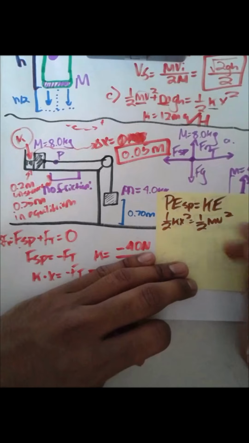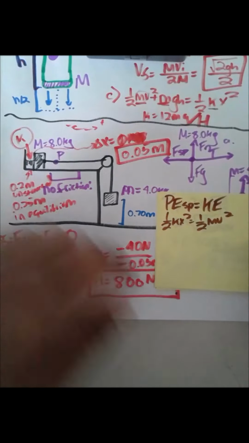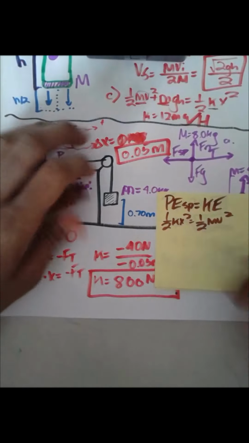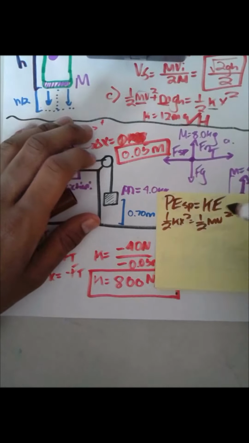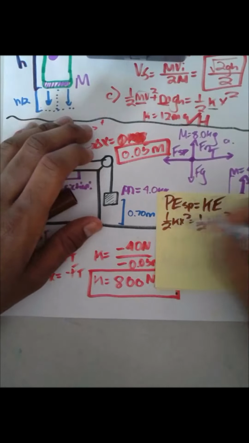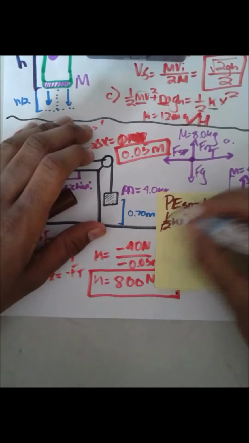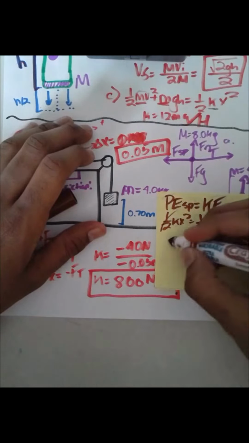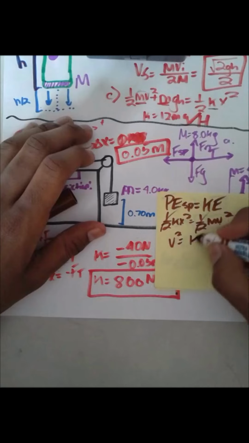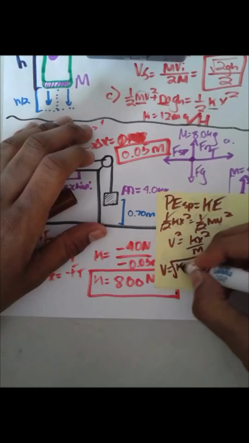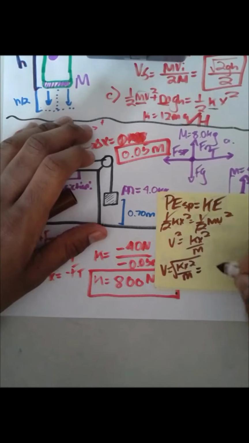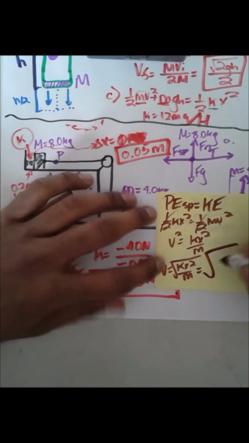Whenever you want to find max speed, you can use the spring potential energy as a powerful tool. Let's get rid of those 1/2s. Let's divide this by m, and then also take the square root of it. To get the v by itself, I'm going to do some algebra. Never stop doing algebra.